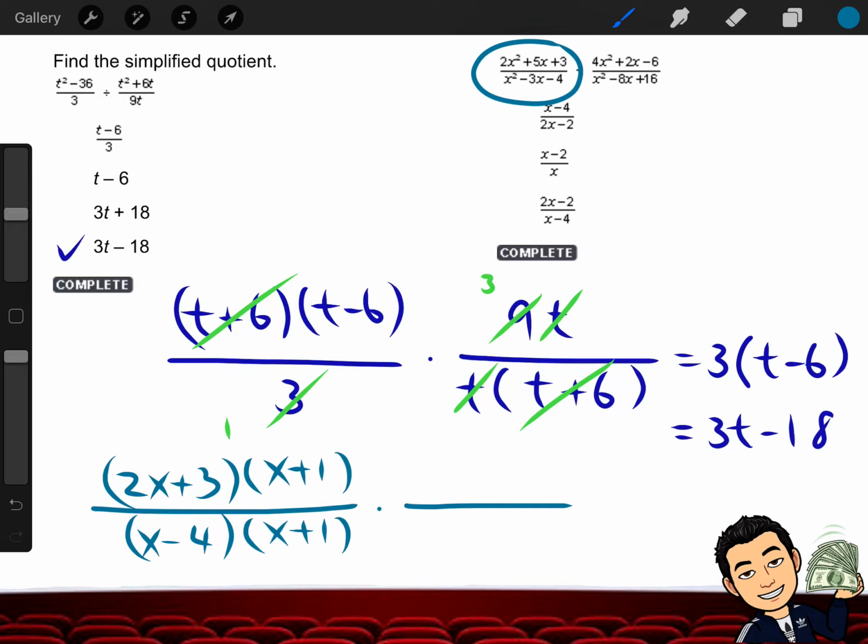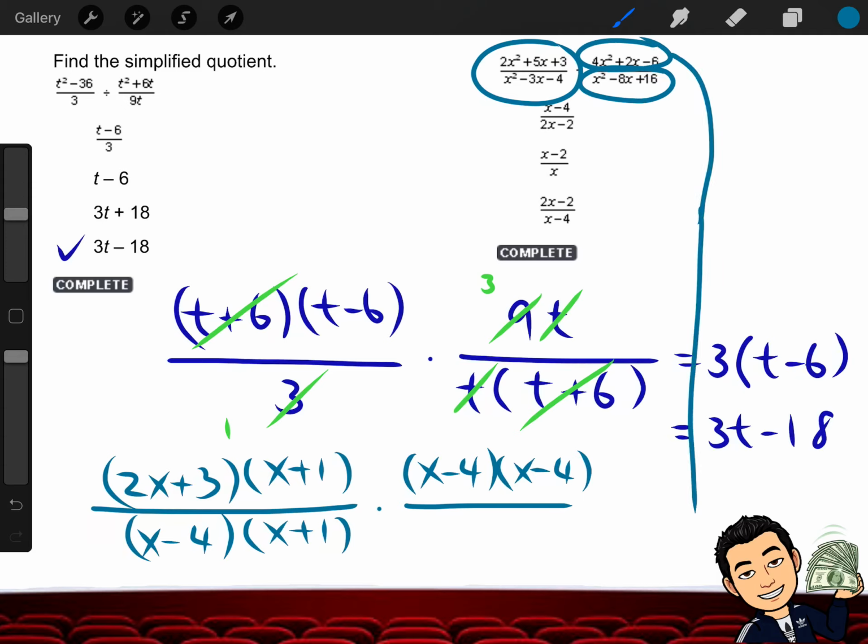So you're going to write x minus 4 times x minus 4. This is coming out from the x squared minus 8x plus 16. Okay, and then for this one right here, it's going to be on the bottom. So you're going to factor out, that's going to be 2x minus 2 times 2x plus 3. Okay, it's a little messy, bear with me.